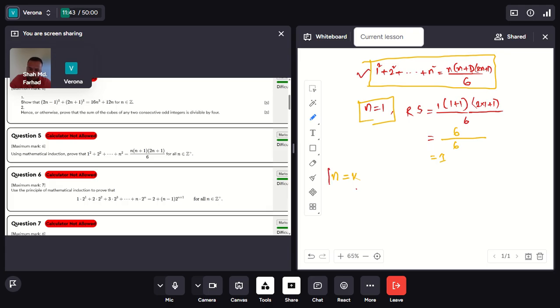Also for n equals k, we are getting 1 square plus 2 square plus up to k square equals k times k plus 1 times 2k plus 1, over 6.